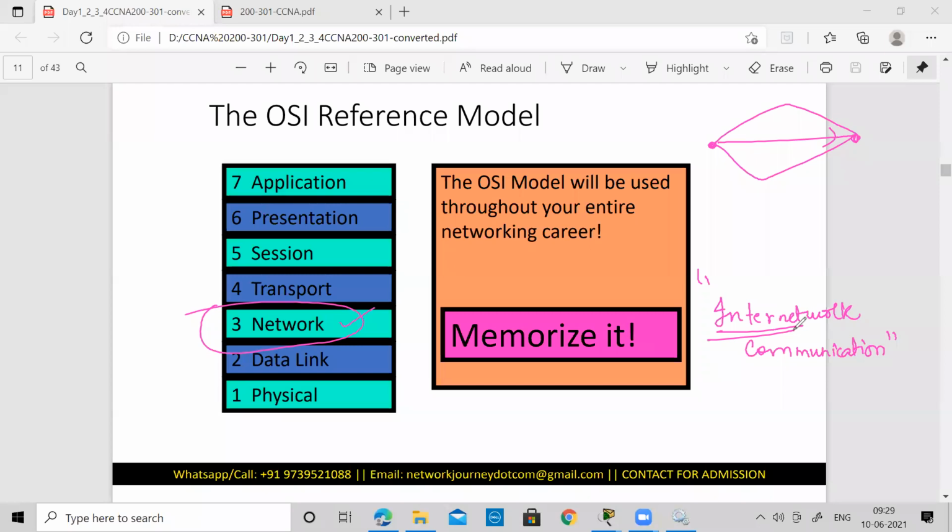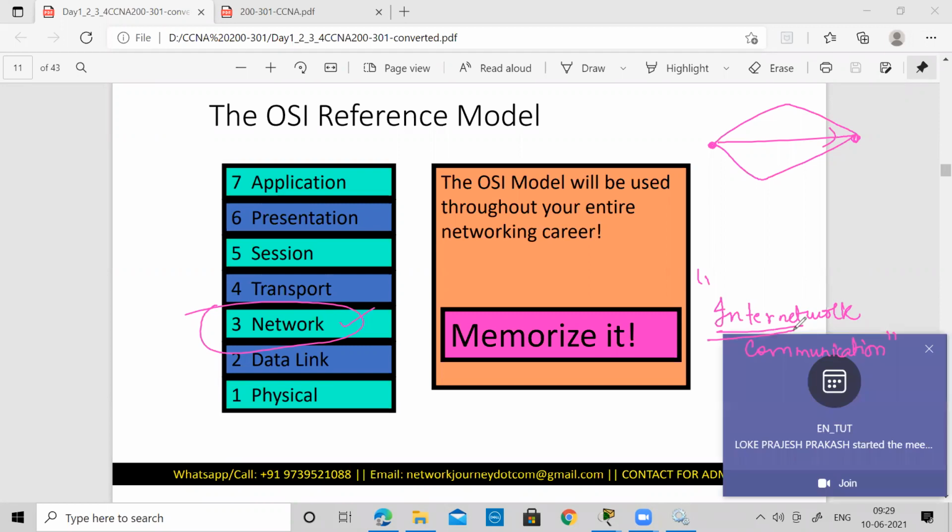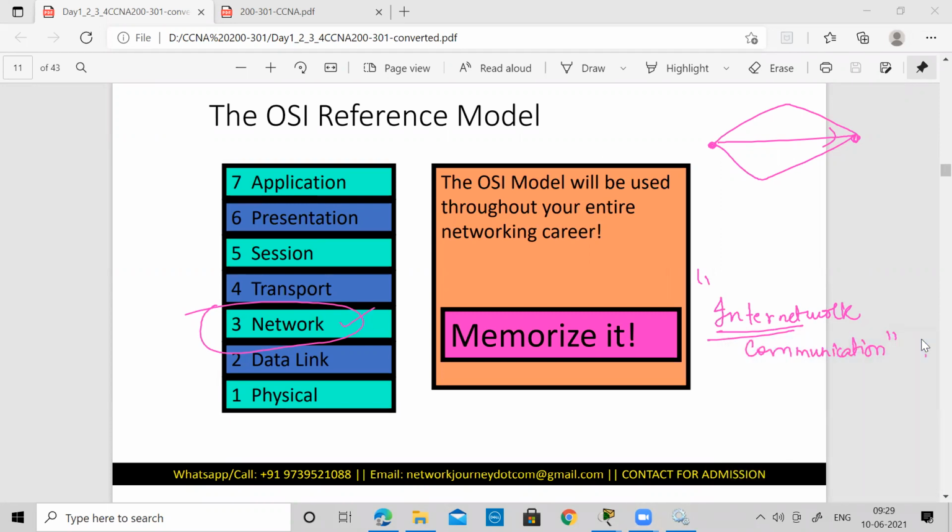When you know the concept of IP addressing, you will understand what I mean by two different networks and what I mean by the same network. So you should know how to distinguish between two networks, and between intra-network and inter-network.